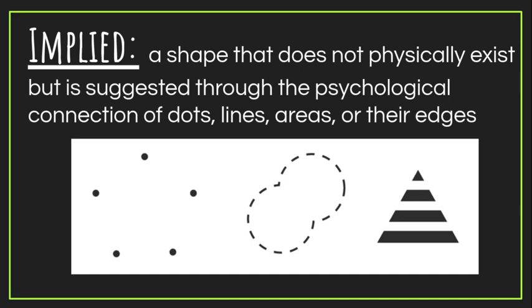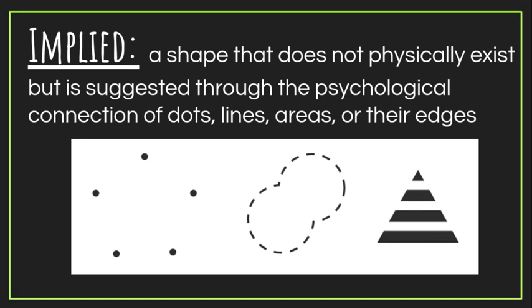So in these images below, let's take a look at the one on the far right, okay? There isn't a triangle drawn there. It's not a triangle, but based on where the black shapes start and stop, it gives us the idea, or it is suggested that it is making a triangle shape.